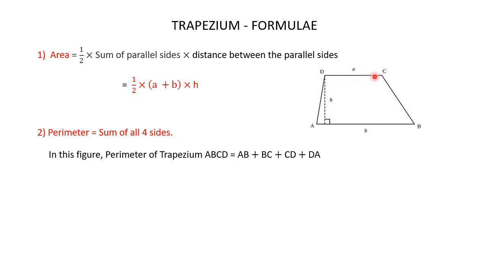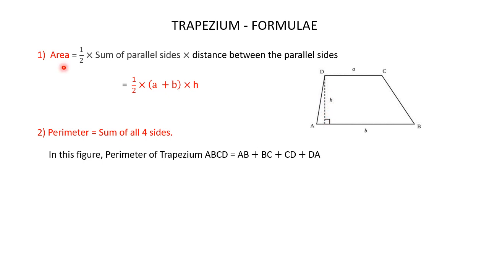Let CD be equal to a and AB be equal to b. The distance between the two parallel sides is the height of the trapezium. So this is the height of the trapezium. Let it be h. So now we have the two parallel sides as a and b, and the distance between the two parallel sides as h.